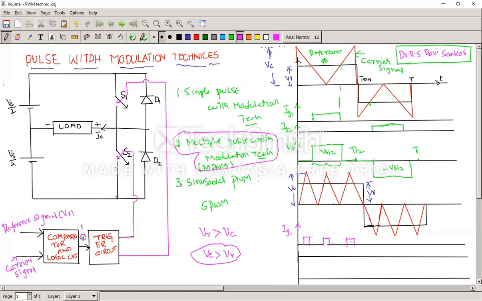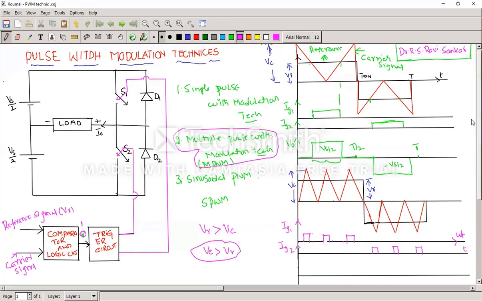Like that, we are getting 3 pulses of equal pulse width. The same manner, if we draw for the negative cycle, we will get pulses here.